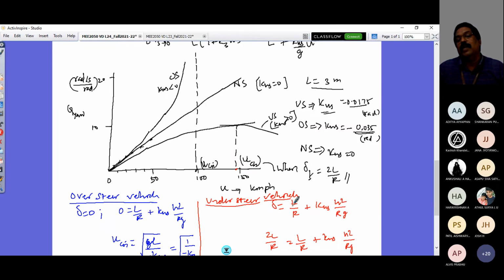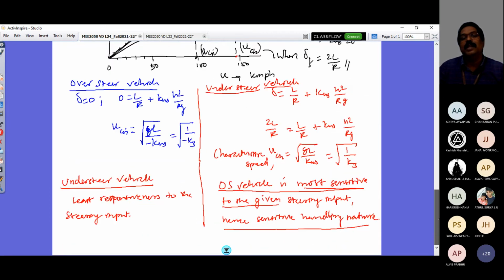So it is L by R becoming 2L by R. So that becomes very sluggish. So the responsiveness becomes least responsiveness. So understeer tendency always refers to the least responsiveness to your steering input.